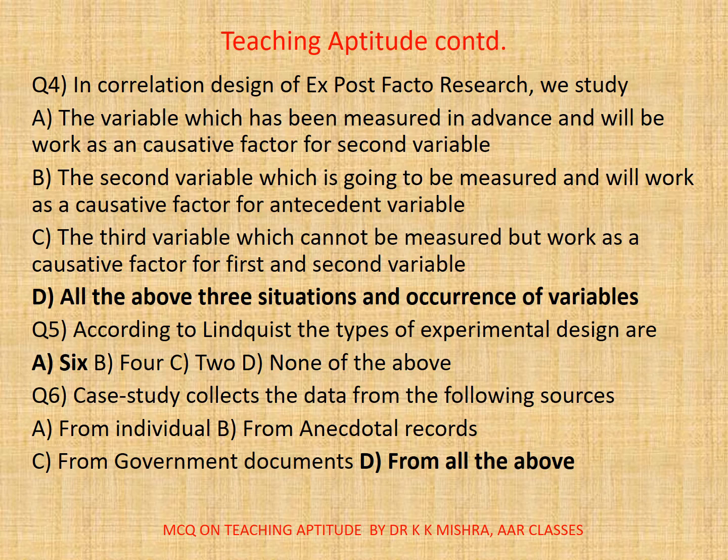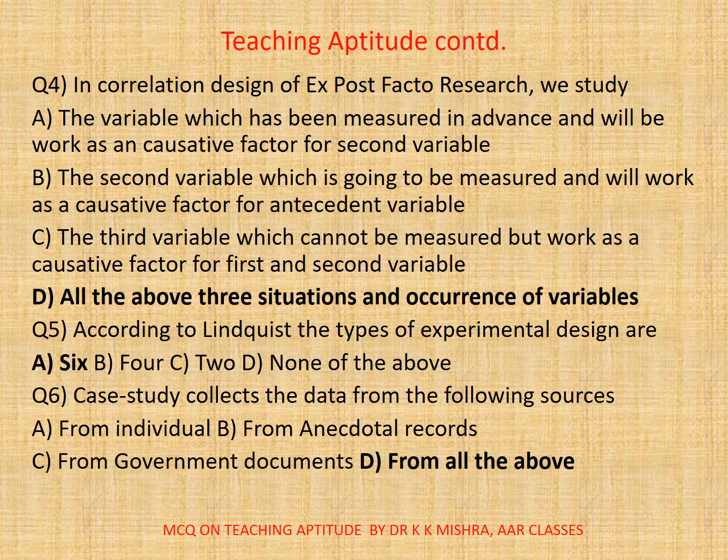B. The second variable which is going to be measured and will work as a causative factor for the antecedent variable. C. The third variable which cannot be measured but works as a causative factor for the first and second variable. Or D. All the above three situations and occurrence of variables. The correct option is D. All the above three are correct.